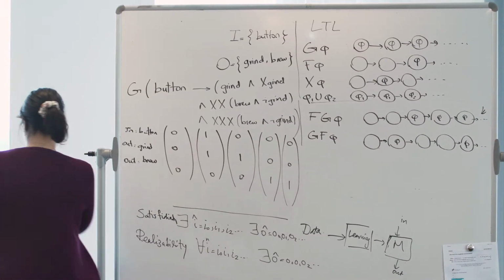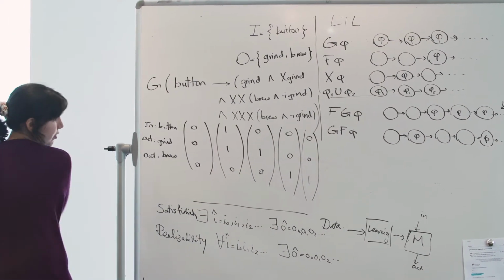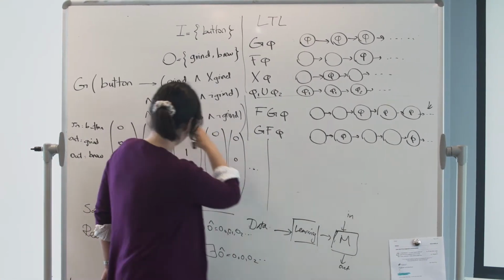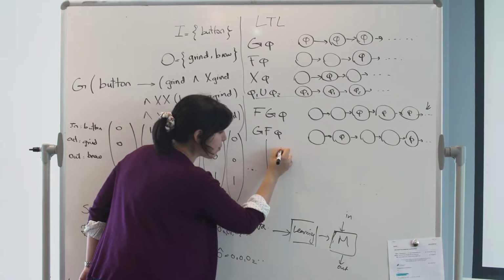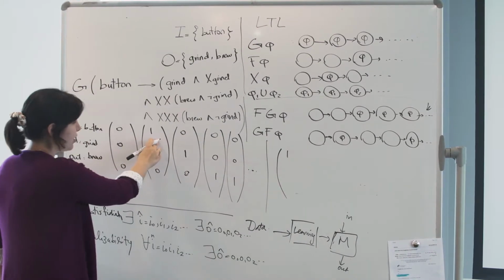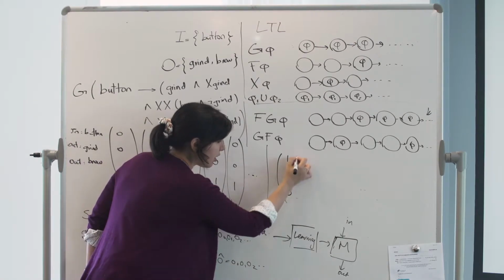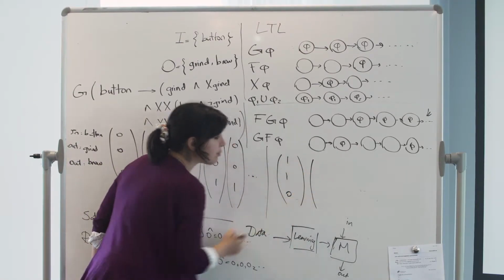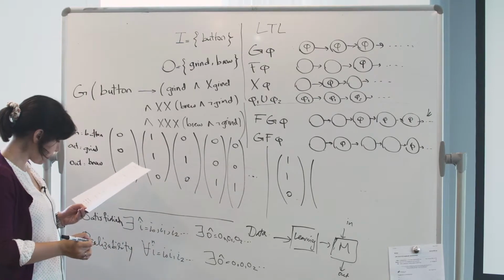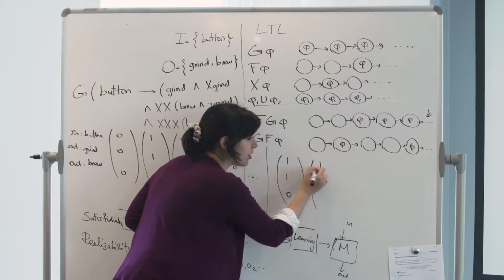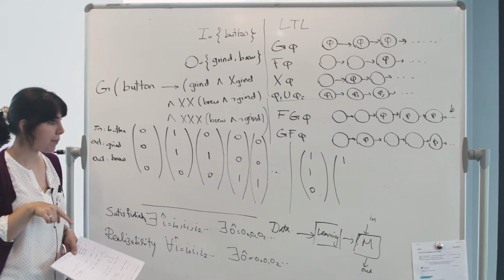So let's look at another example. Let's say I have the same sequence, and I start from pressing a button. If I press a button, then I get grinding and not brewing. In the next time step, I am going to press the button again, so I'm pushing the button twice.